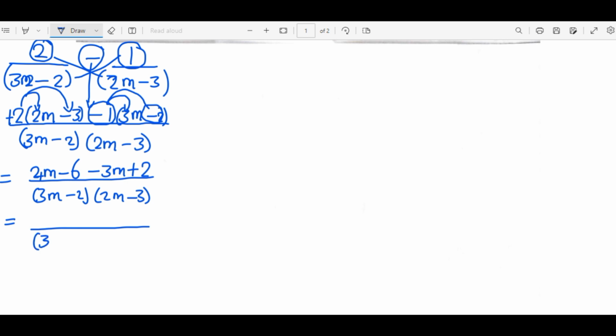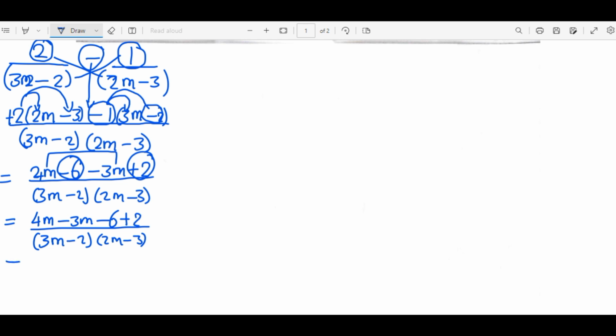Then we collect the like terms. The like terms are this 4m and this 3m, then this negative 6 and 2 are like terms.